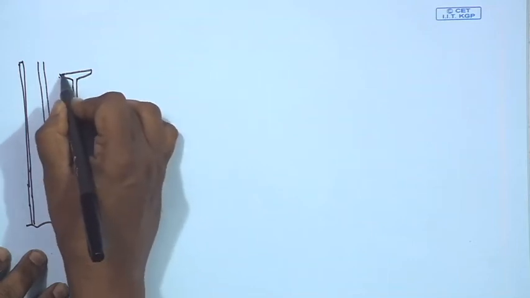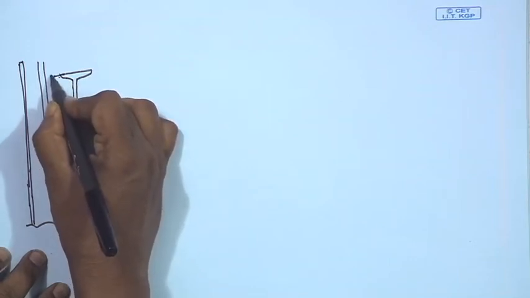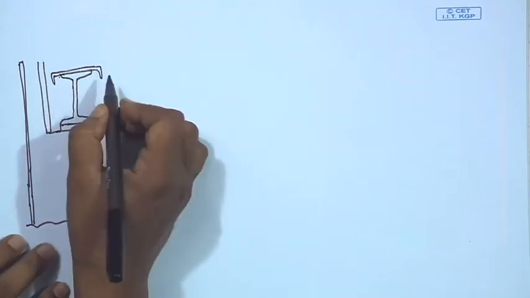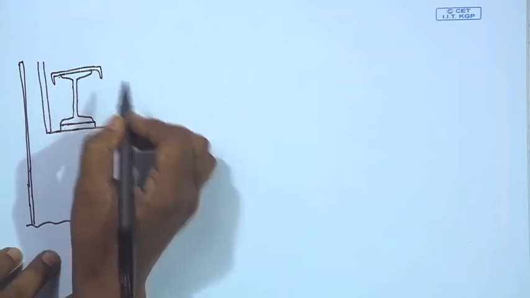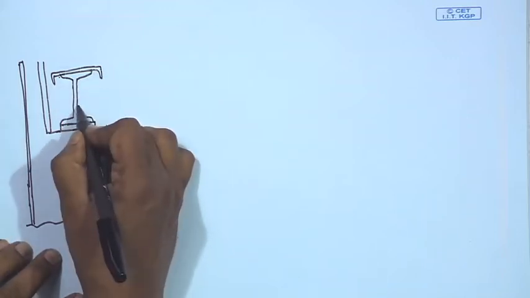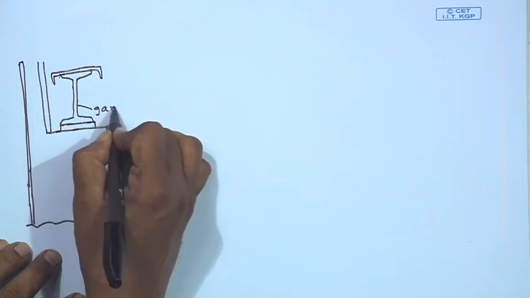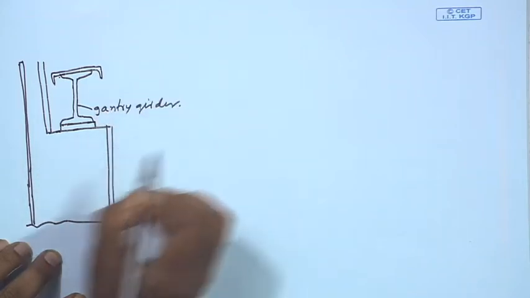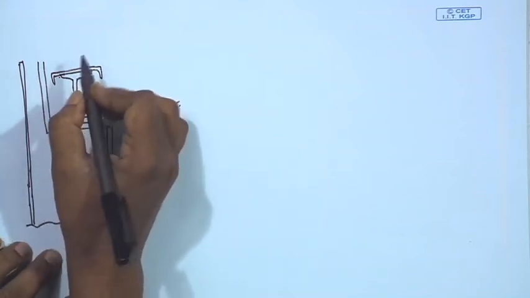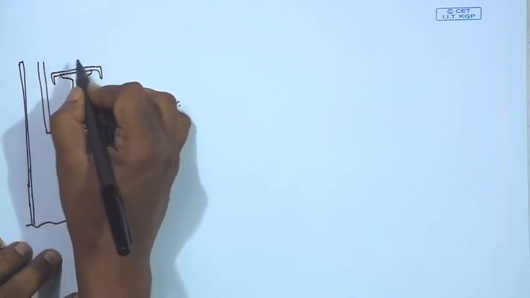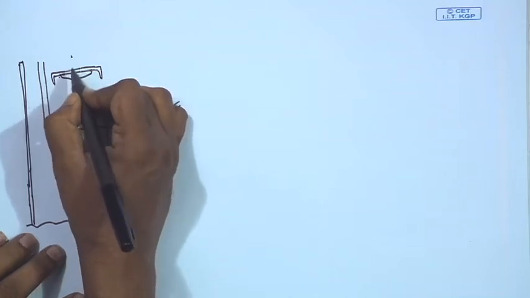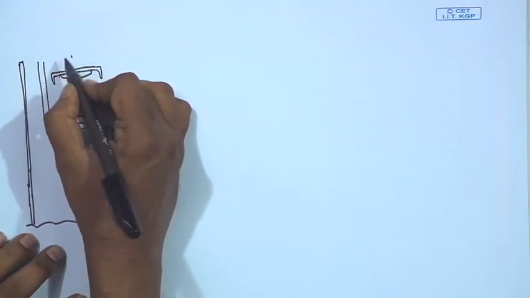So, this is the I section, and on top of that another channel section is also provided to take the heavy load which comes from the crane girder, and this is basically the gantry girder. And on top of the gantry girder, it will be connected with a member which will carry the crane girder.